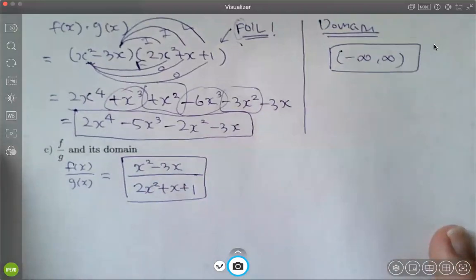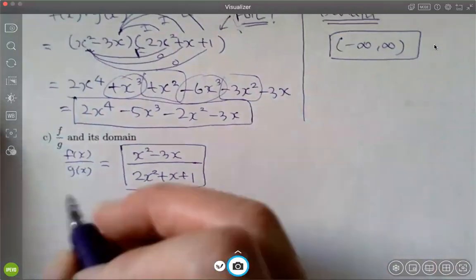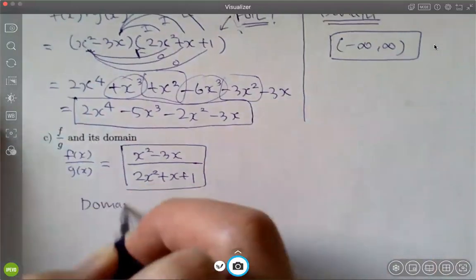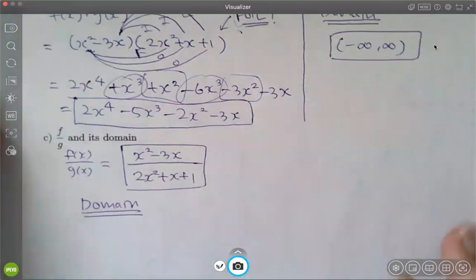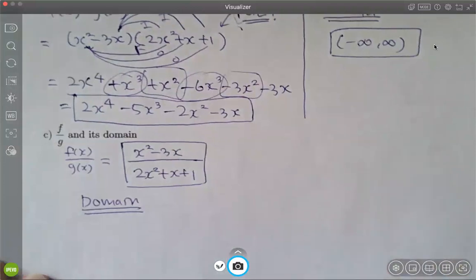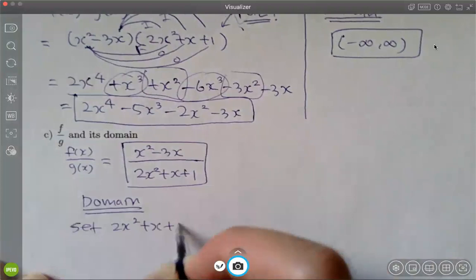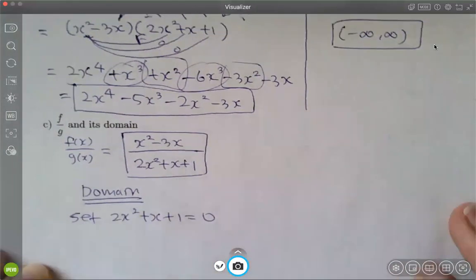And now the domain. So how do you find the domain of this quotient function? Set the denominator equal to 0 and solve, right? Yes. Okay. So it's 2x squared plus x plus 1 is equal to 0.